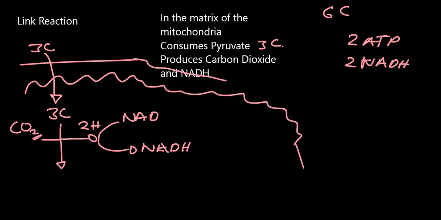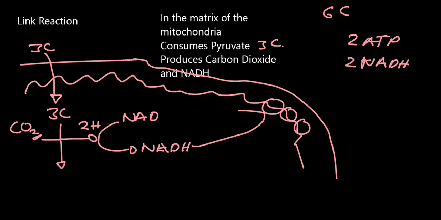The electron transport chain is a chain of carriers on the inner mitochondrial membrane. The NADH delivers the electrons, and that regenerates the NAD. The electrons then go down the chain of carriers, and that moves protons against their gradient into the gap between the inner and the outer membranes.